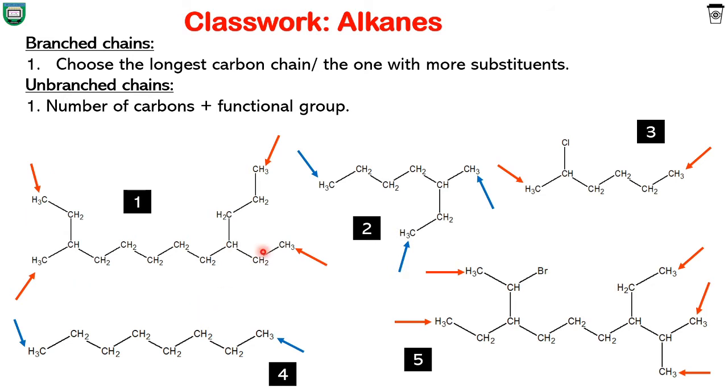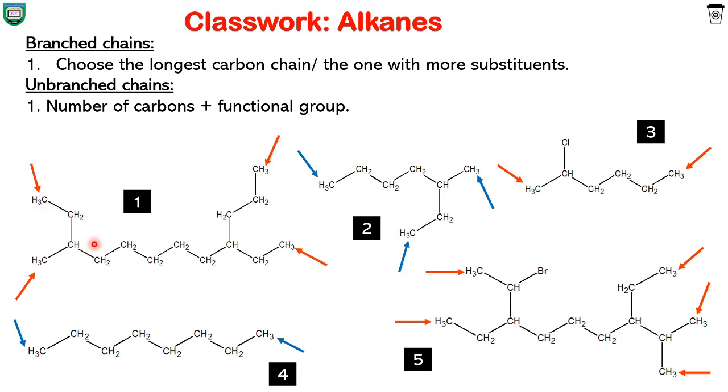If you look at this molecule, you can number from top left to the top right, or bottom left to the bottom right, or you can go this direction or this direction. So we choose the path so that we will get a maximum number of carbon atoms in the parent chain.